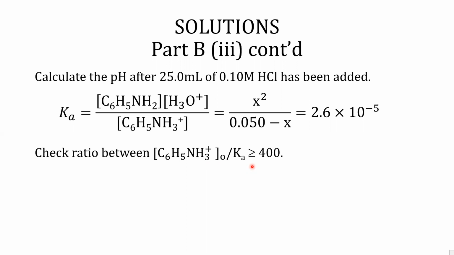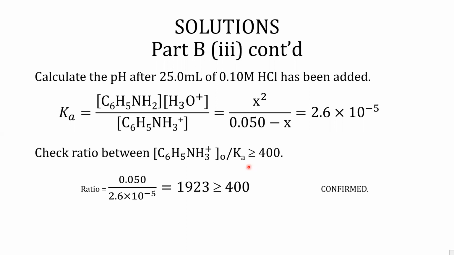The ratio is 0.050 divided by 2.6 times 10 to the minus 5, which equals 1923, greater than or equal to 400. Thus, the assumption that X is small enough to ignore is confirmed.